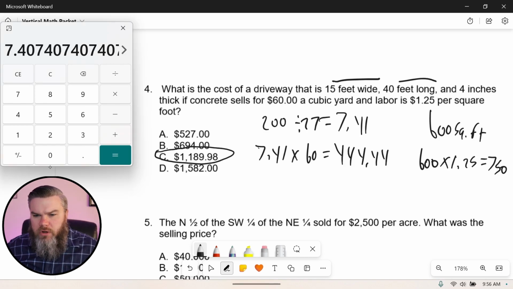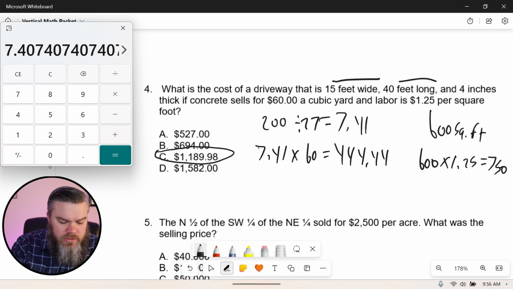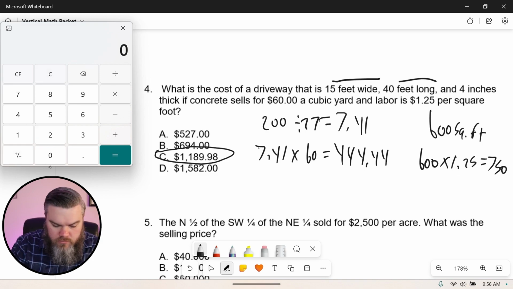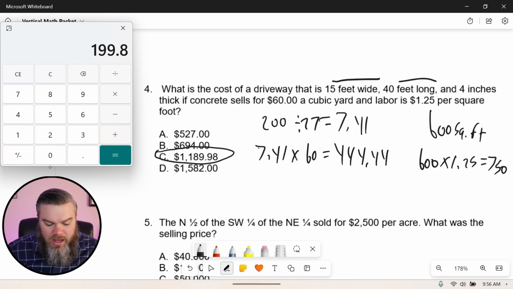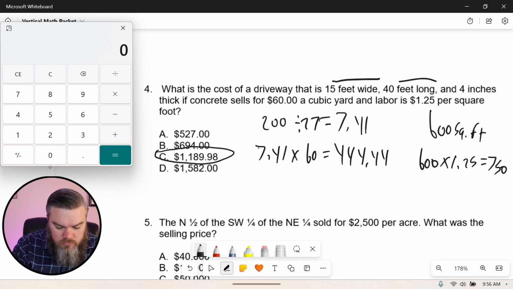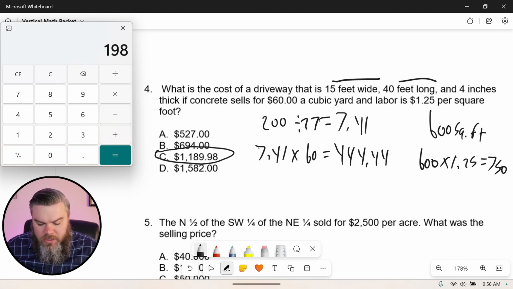It's the 0.33 piece that changed it, because if I would have done 15 times 40 times and then just 0.333 instead of leaving all of it in there, you end up only getting like 199. Yeah, it all comes down to rounding. Not a big deal.